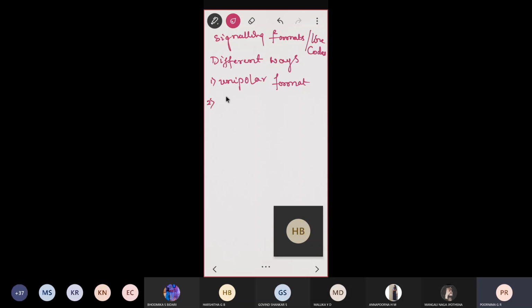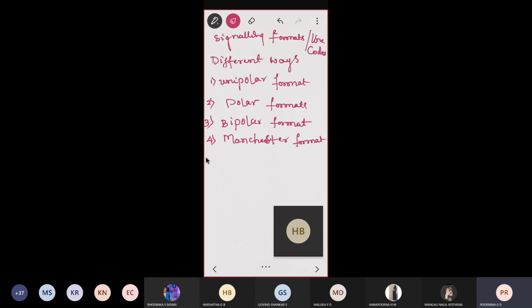The second one is the polar format. Four different types are there, and again in each one subdivisions are there. The third one is the bipolar format, and the last one is the Manchester format. What do you mean by this?